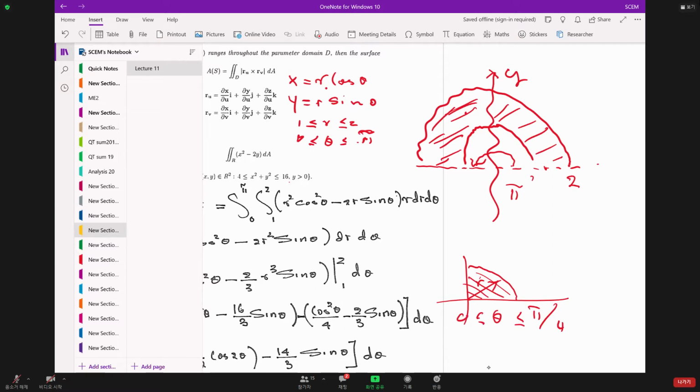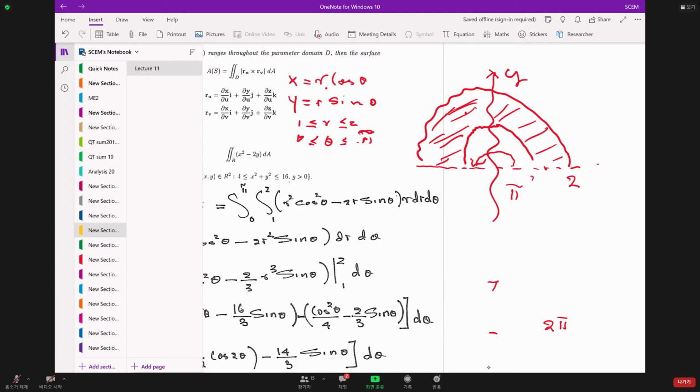Did you follow? If you want to depict the full circle, your theta is always less than or equal to 2 pi, greater than or equal to 0.